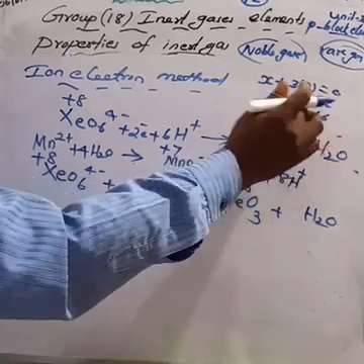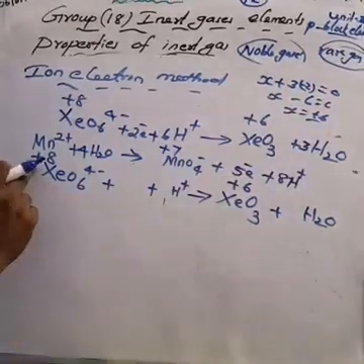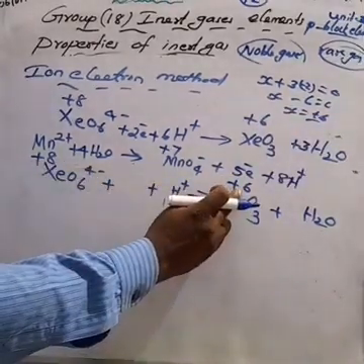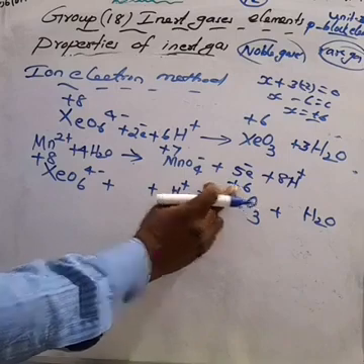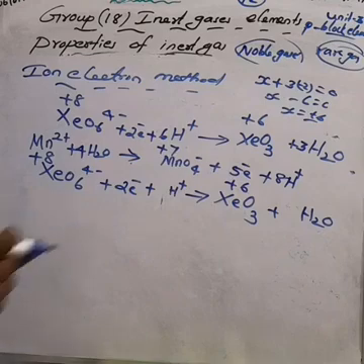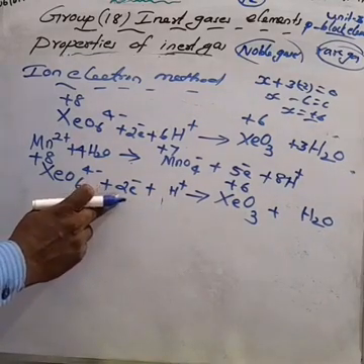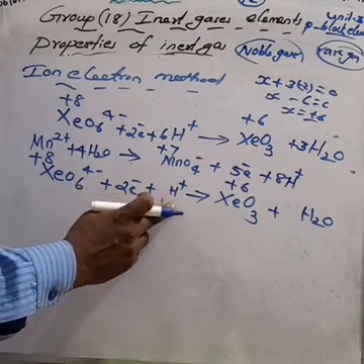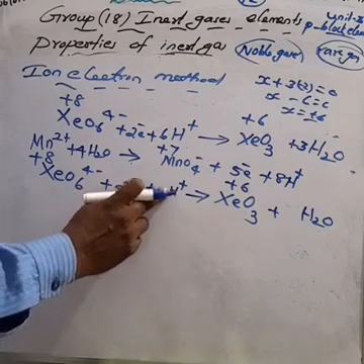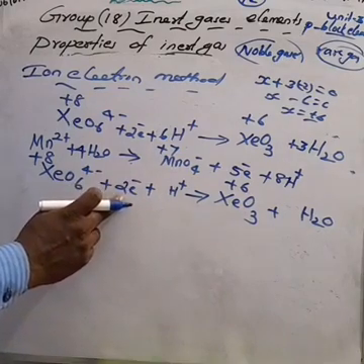My dear children, in the reactant side they are having plus 8 oxidation state, but the product side having plus 6 oxidation state. So the difference is 2 electrons, am I right? So in the reactant side I am writing here XeO6 4 minus plus 2 electrons, am I right? Because the product side having plus 6 oxidation state. So the difference I am writing here 2 electrons.